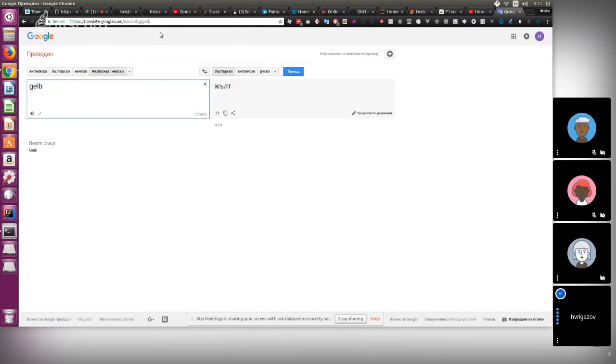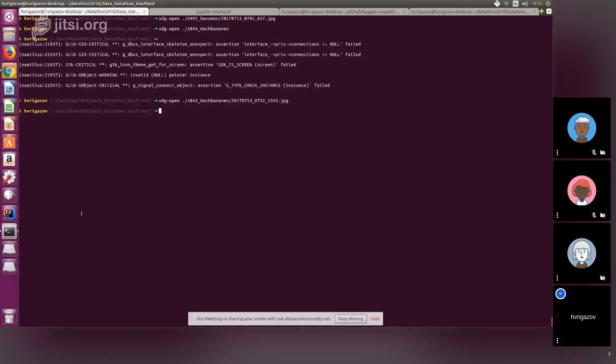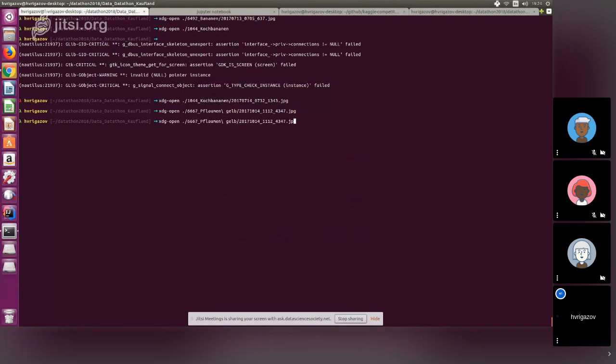Oh, that's yellow. It's yellow actually. So it's yellow something. Oh, I should probably show images of the least represented class.